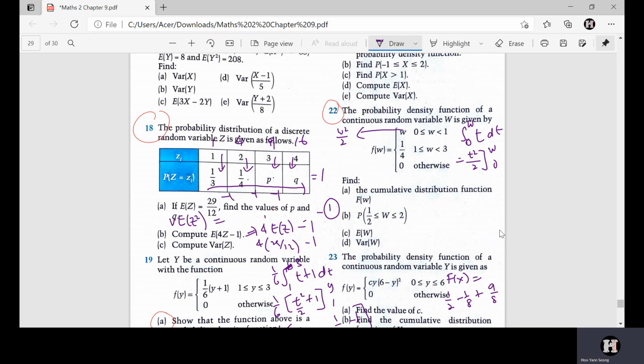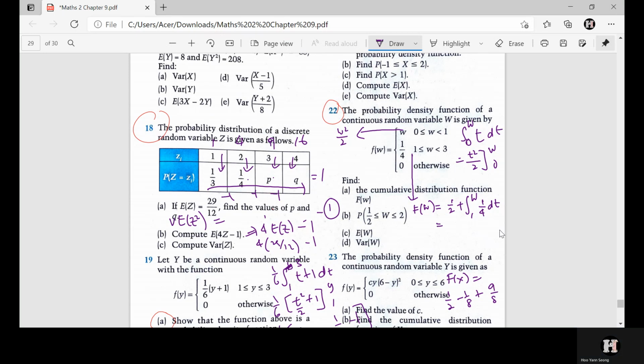So to tally, your F(w) should be: sum the 1 over 2 from the top, integrating from 1 to w the function 1 over 4 dt.